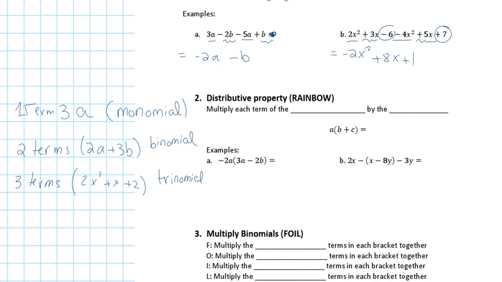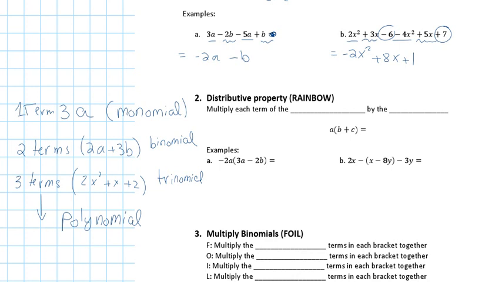Called binomial if they're two unlike terms. They can't be like terms because otherwise you can add their coefficient and make them one.